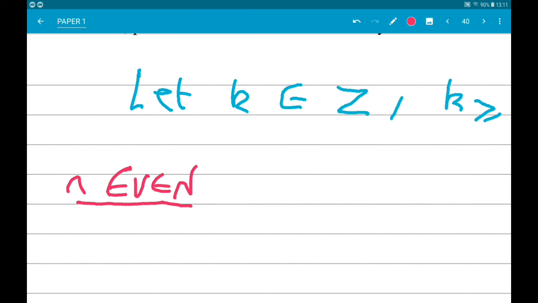Okay, so if n is even, we can say that n is 2k. So then n cubed add 2 is going to be 8k cubed add 2.